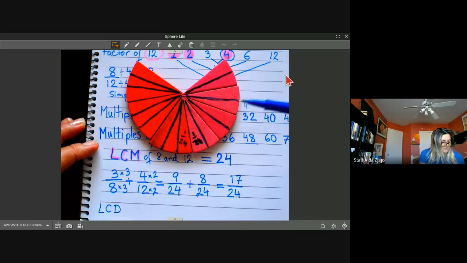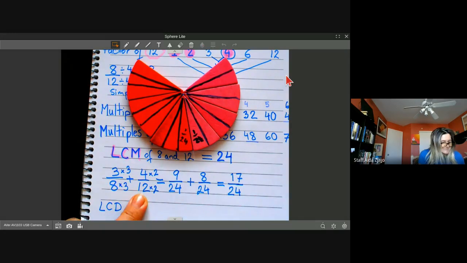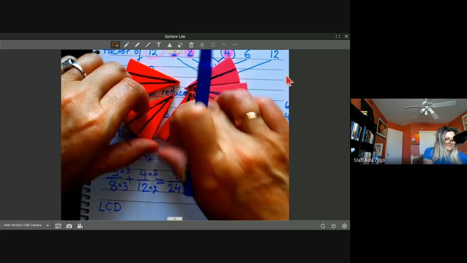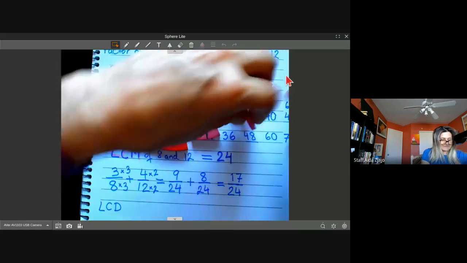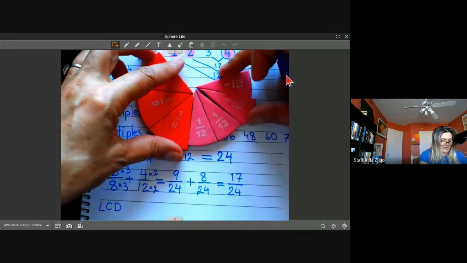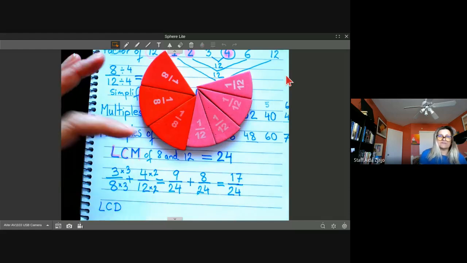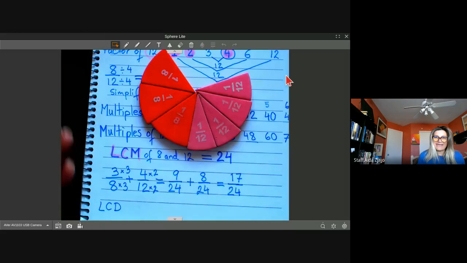And we can check, guys. Remember, it was 3/8 plus 4/12. I couldn't add it because they were different sizes, the red and the purple pieces. If I put them together, I cannot say they're 8ths or they're 12ths. They're not the same size. Unless they're the same size, I cannot add them up.